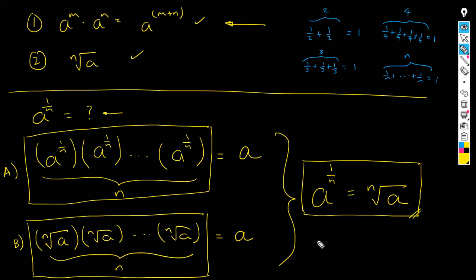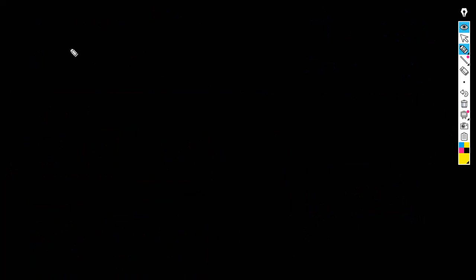So for example, I'm going to erase everything now. If you see something like 4 raised to the 1 over 2 anywhere, what this means really is the square root of 4, which we know is equal to 2.